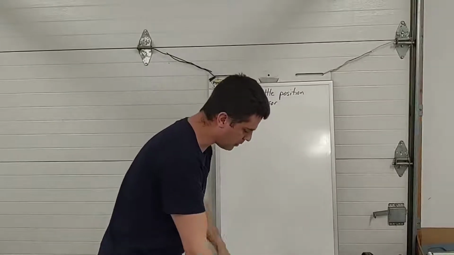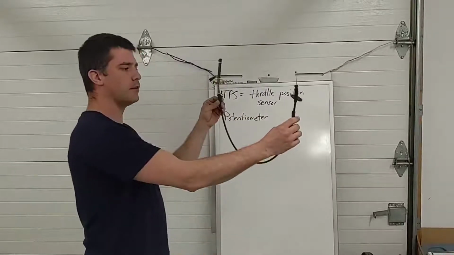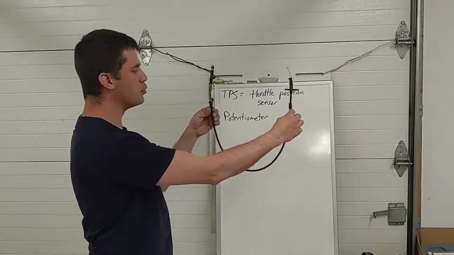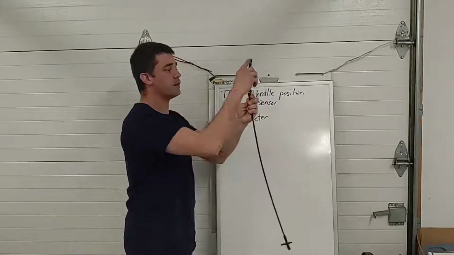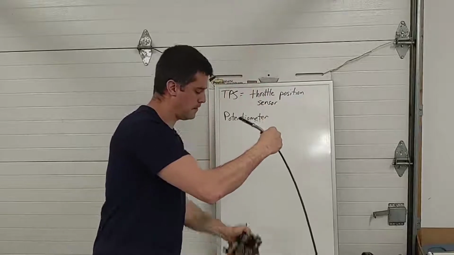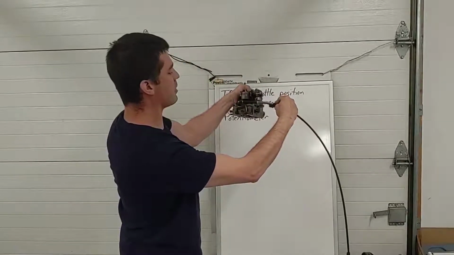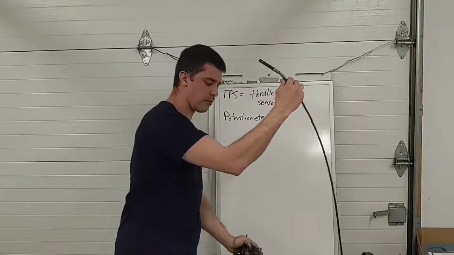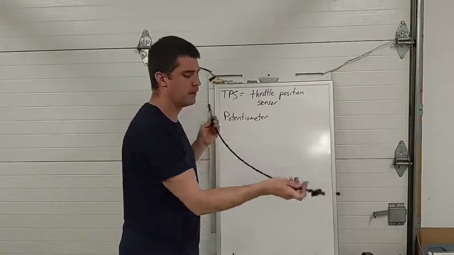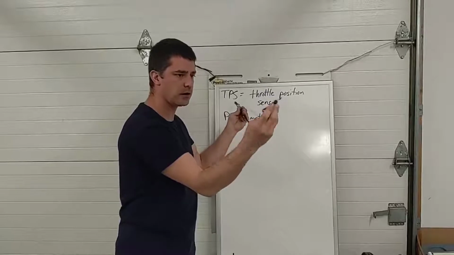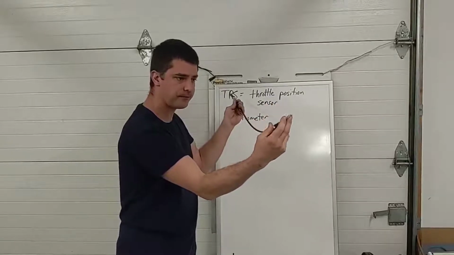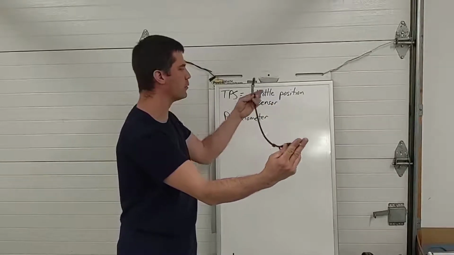Okay, while we're talking about throttle cables, this is a throttle cable here. This is actually a new one that's for my truck. I just haven't installed it yet. So this end here would clip onto the throttle lever on the engine. This would mount in a bracket. This little 2-bolt flange would bolt to the firewall of the truck, and the cable here would extend to the top of the pedal when you step on the pedal.